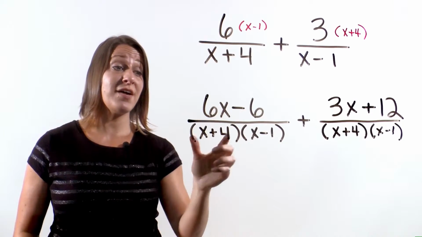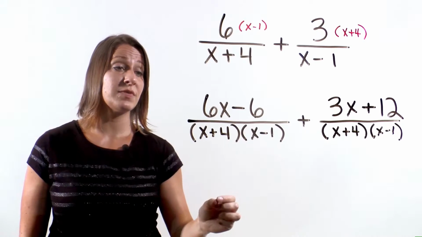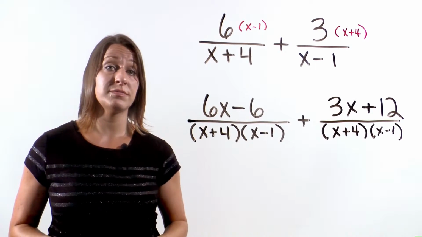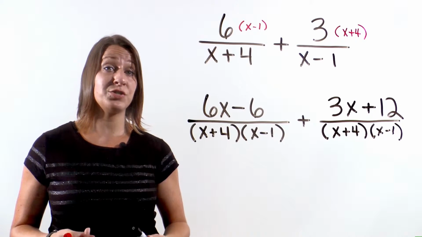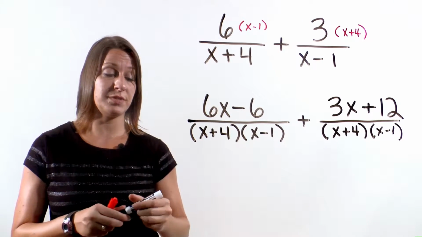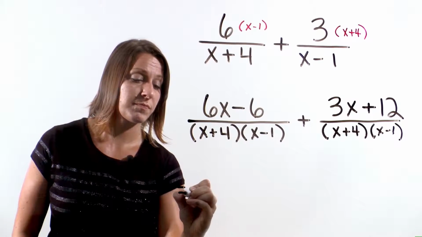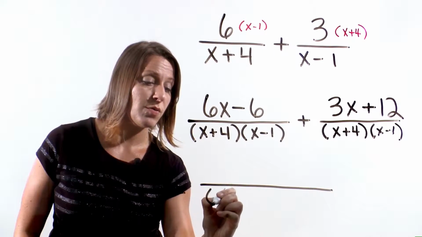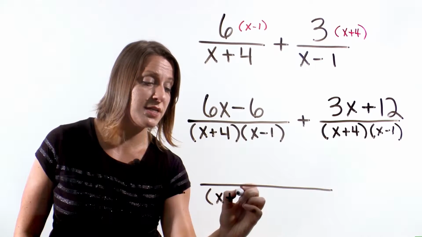Okay, so now that we have common denominators, and we've made that change also in our numerators, we're ready to add straight across by collecting like terms. So we'll write one fraction bar. We'll write down our same common denominator.